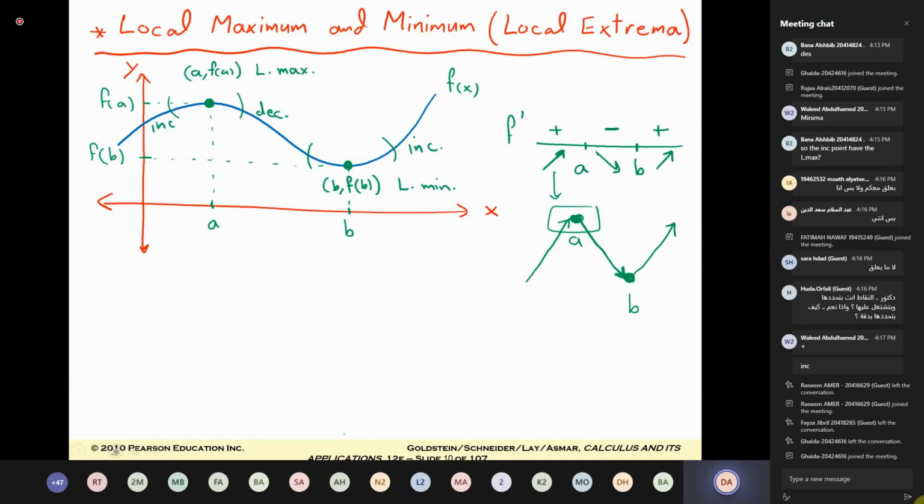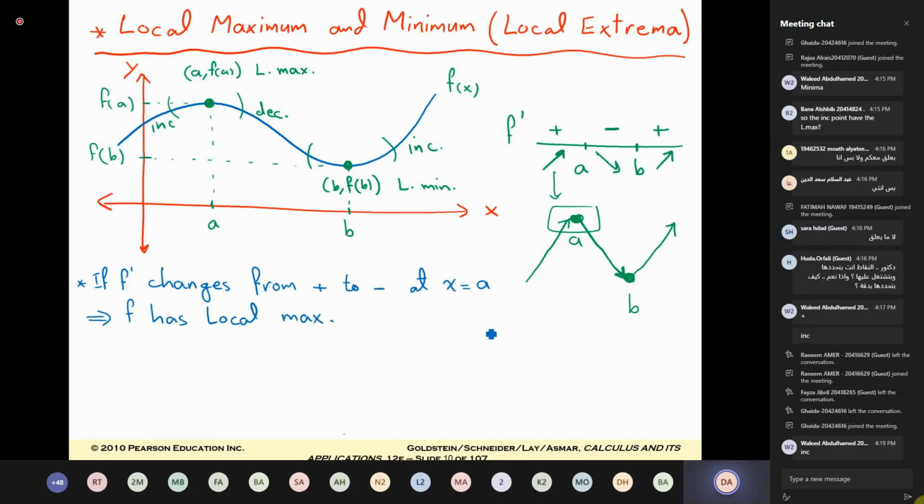We can conclude, if f prime changes from positive to negative at x equal a, then f has a local maximum.